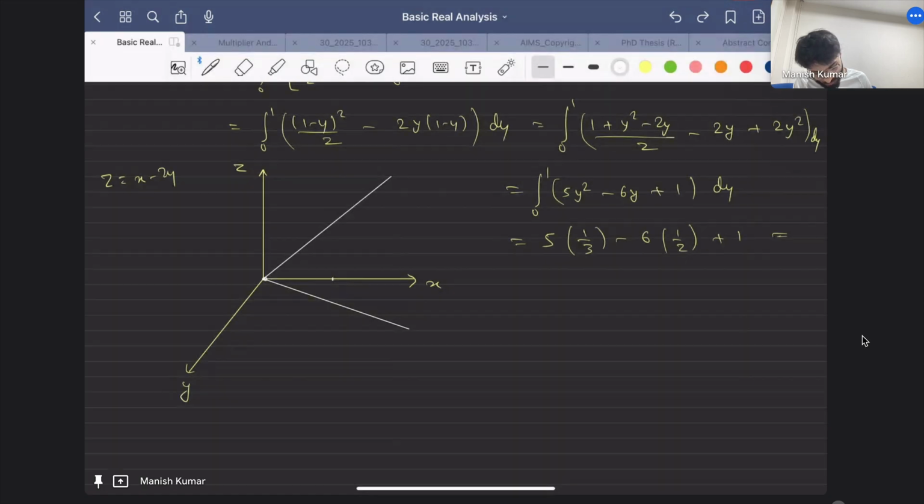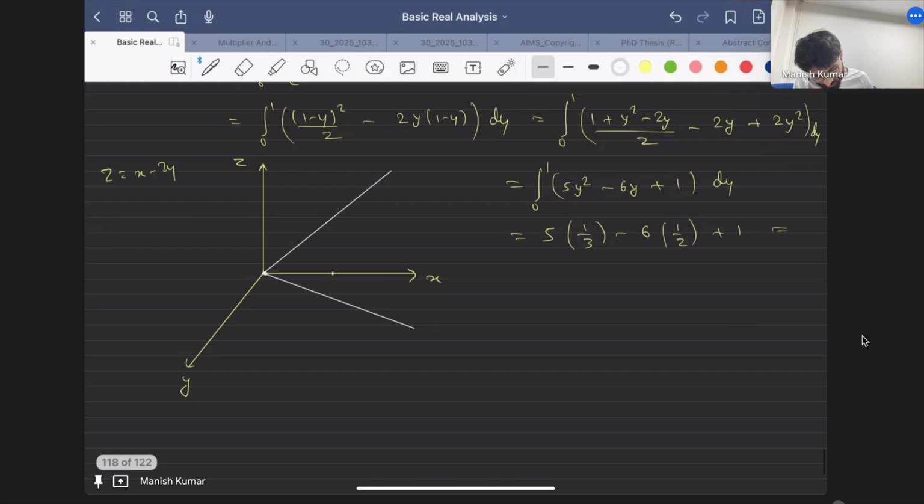Then on this plane, when I put x equals 0, I get z equals minus 2y.